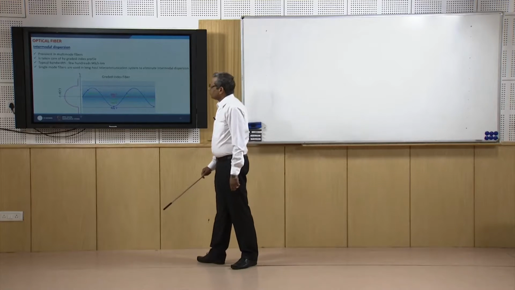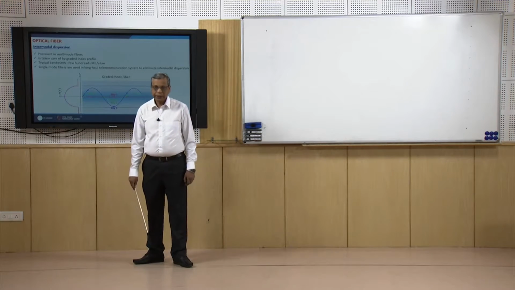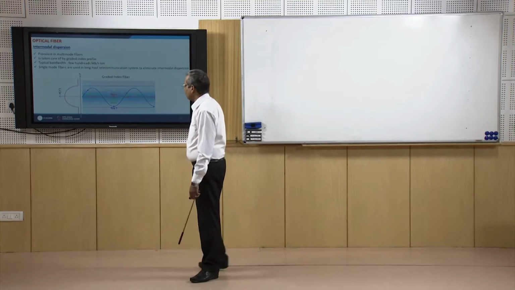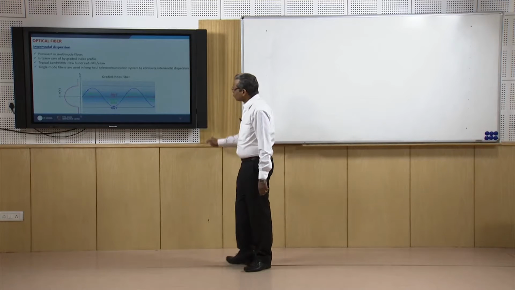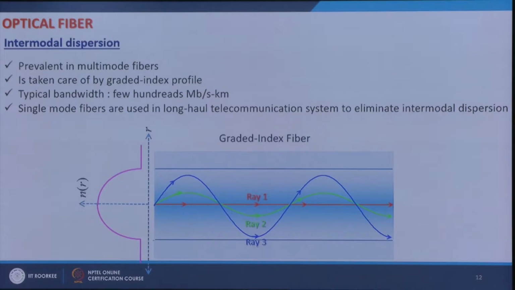But if you want to get rid of the intermodal dispersion completely, then you will have to use single mode fiber. Here I show how a graded index fiber can take care of intermodal dispersion.